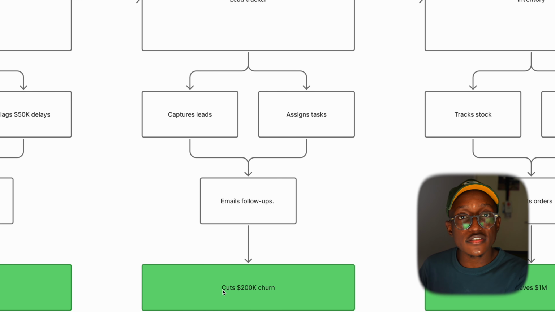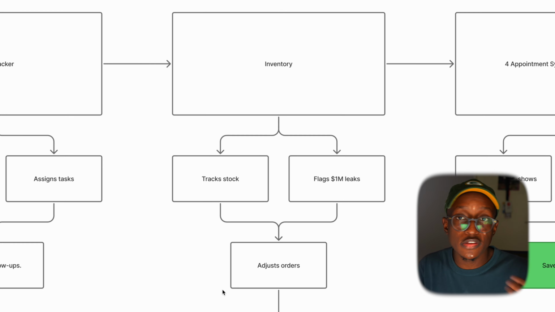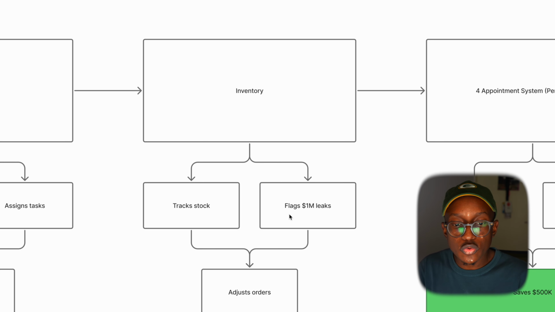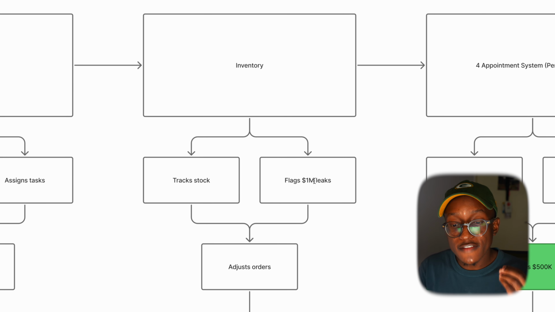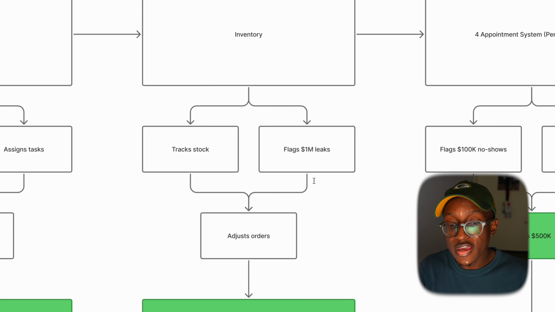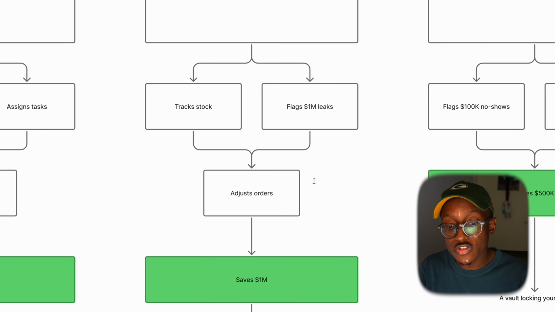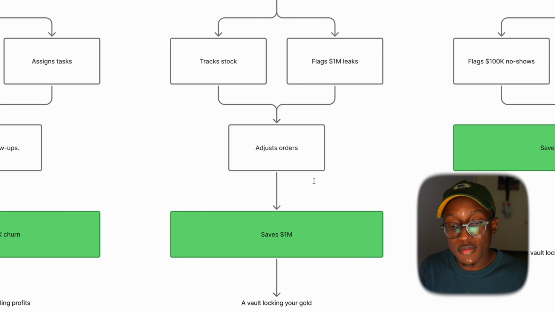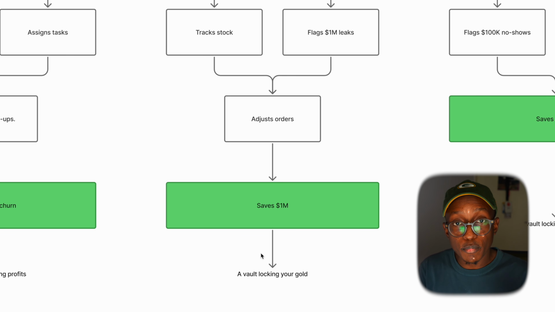And if you send a custom email, it can genuinely do a lot for your business in terms of saving clients and people that are subscribed to your business. And with that, we can also see inventory. If you're into e-commerce, inventory tracks stock and flags $1 million worth of leaks and then adjusts orders accordingly, with the ultimate aim of saving you $1 million per year.